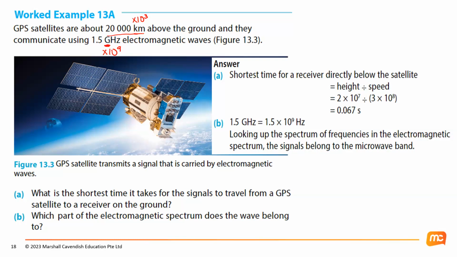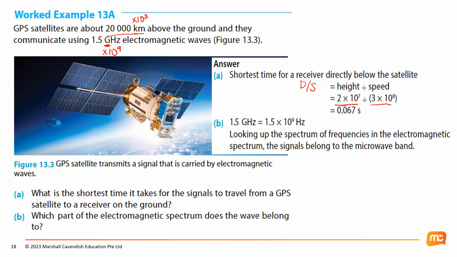So time equals distance over speed. The distance is 20,000 times 10 to the power of 3, divided by the speed, which is 3 times 10 to the power 8. And then you get the time to travel.